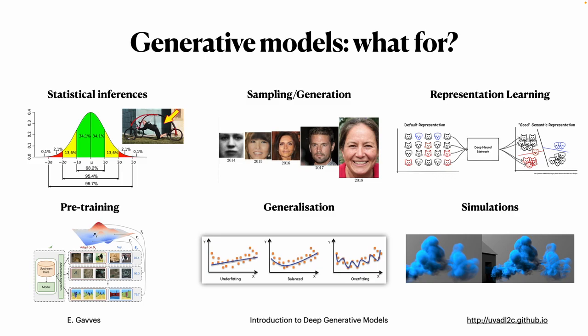You might want to do sampling or generation, like just creating more images. That's fun enough. It's a good game, it's a good toy, but AI is not just about making you pictures. You might want to use it for representation learning.